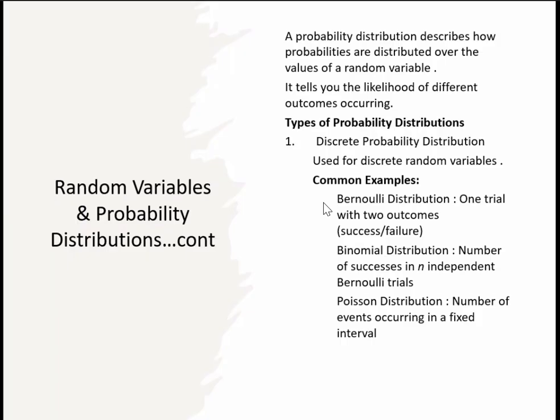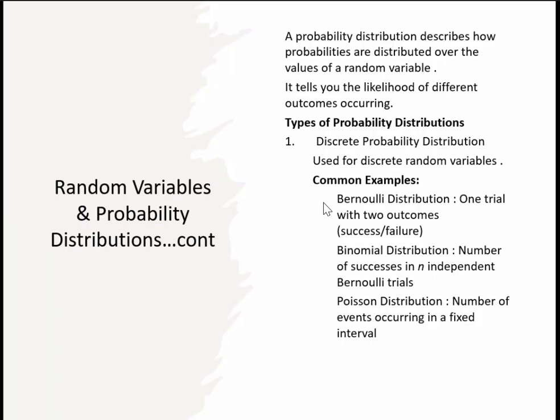If your bet was on the head and I flip the coin and it shows the head, that would be a success. If it shows the tail, it will be a failure. So with Bernoulli distribution, you only have two possible outcomes, either success or a failure.